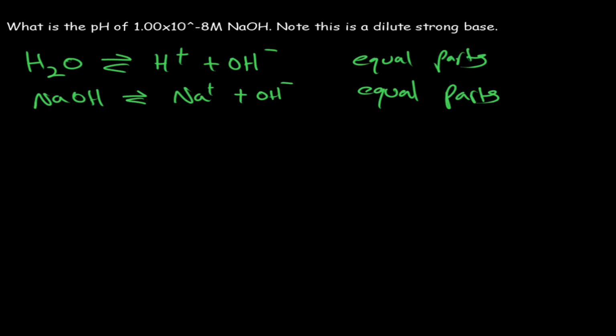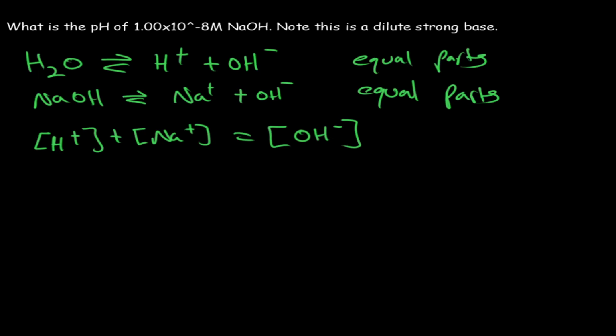So that means that if H2O breaks into equal parts H+ and OH−, and NaOH breaks into equal parts sodium and hydroxide, then we know that the concentration of our H+ plus the concentration of our sodium ions will give us the total concentration of our hydroxides in our solution. So this is a very important equation to know.